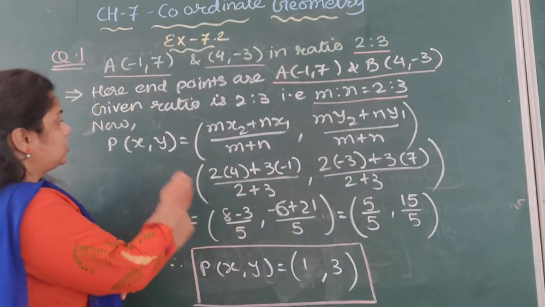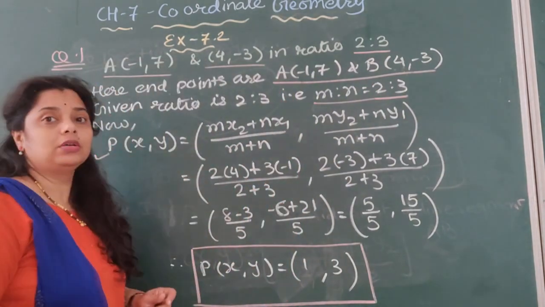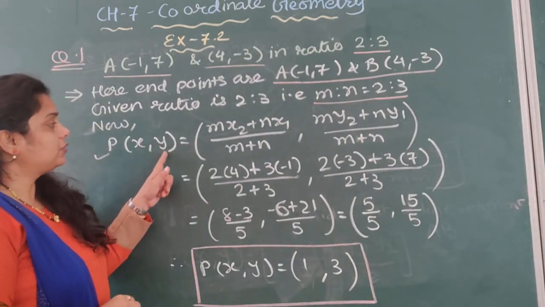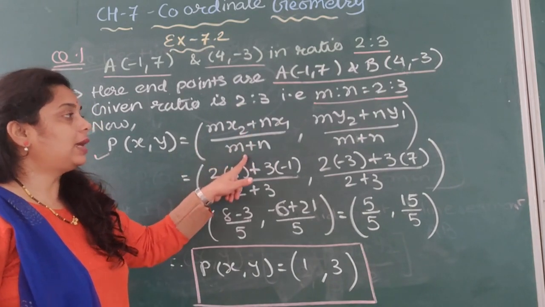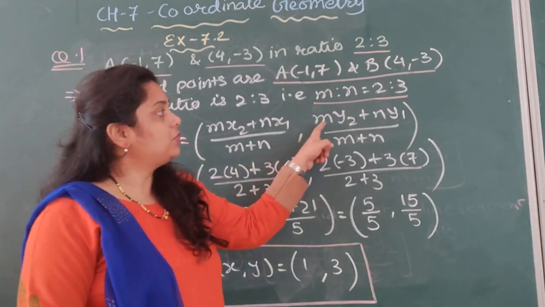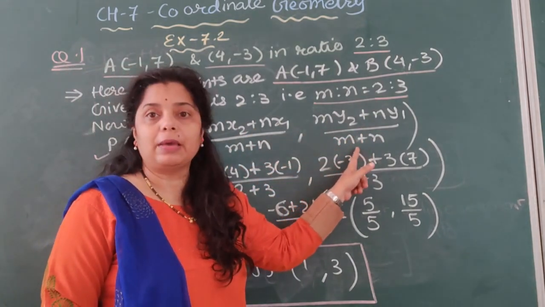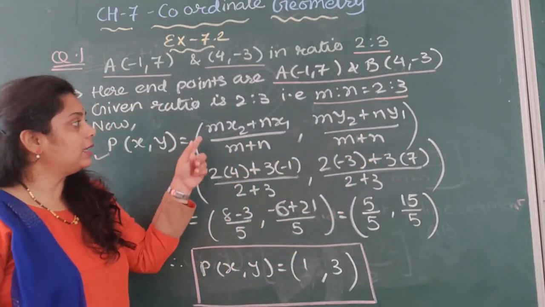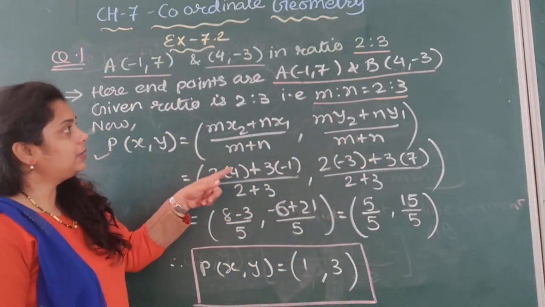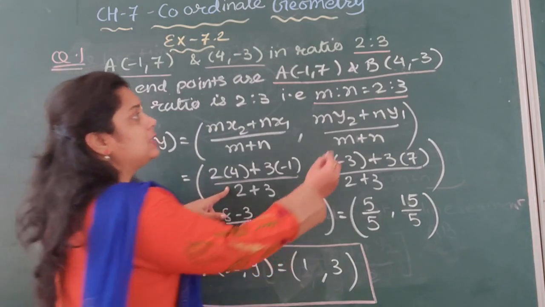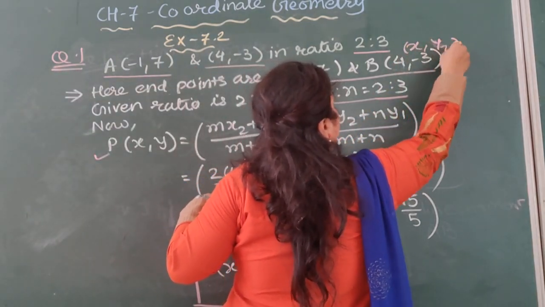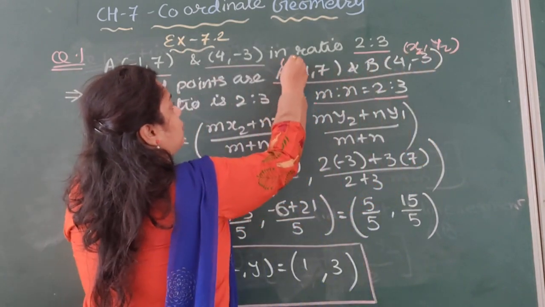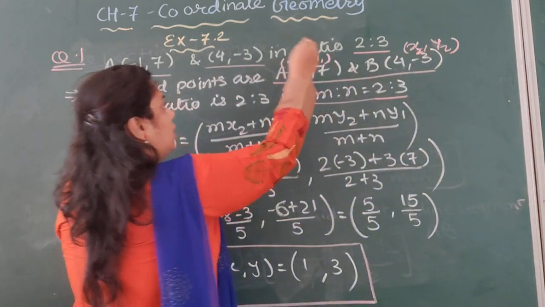Okay. So first I have to write down the formula that P(x, y) is equal to (m x2 plus n x1) by (m plus n), (m y2 plus n y1) by (m plus n). And then I substitute the values. As I select this as x2, y2 and this A as the x1, y1.